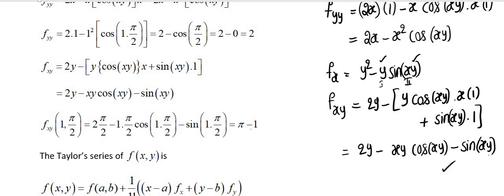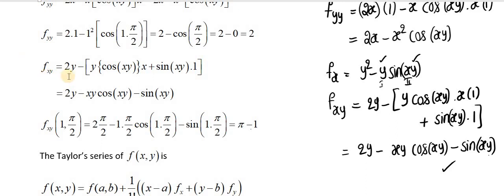Now I have all values, that means all partial derivatives, first fx, fy, fxx, fxy, fyy at 1 comma pi by 2. Now I am going to substitute all these values in Taylor series.